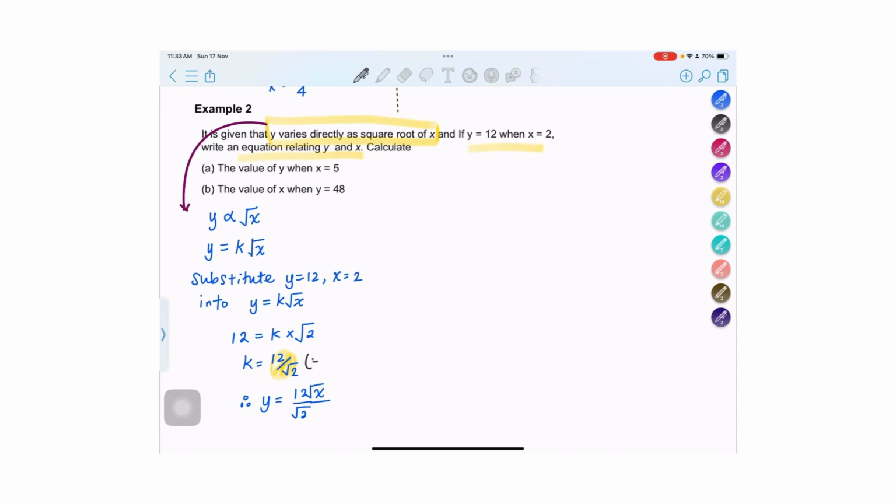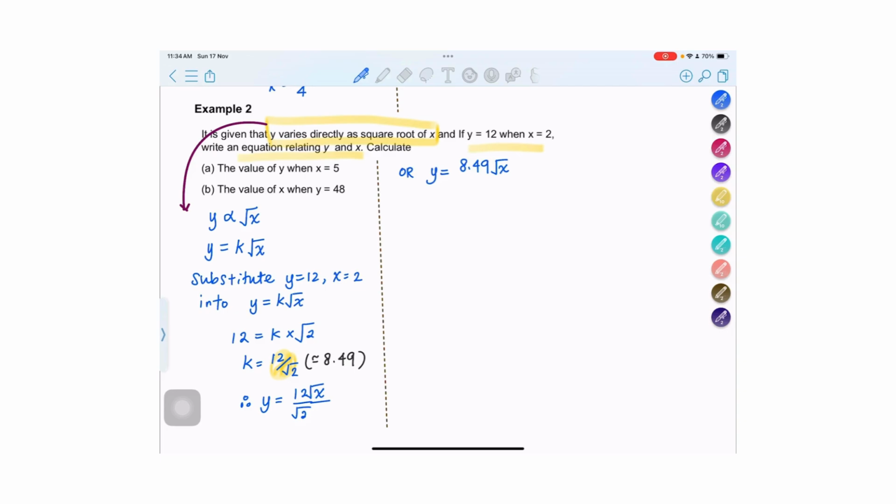This will be approximately 8.49. So probably you also can make the equation as y equals 8.49 square root x.